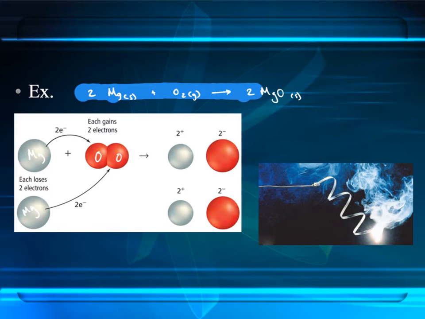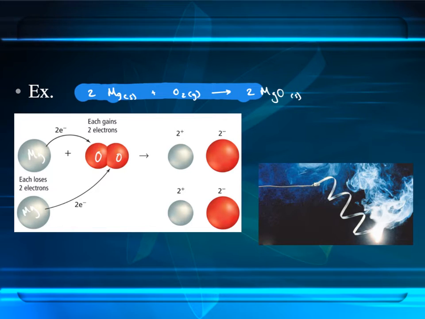So this one's losing two electrons, this one's losing two electrons, this one gains two electrons, this one gains two electrons, and the result of that is you have a magnesium ion. That's what you're seeing over here on this side, that magnesium ion, the Mg over there. It's actually the ion, and the oxide ion with a -2 charge.